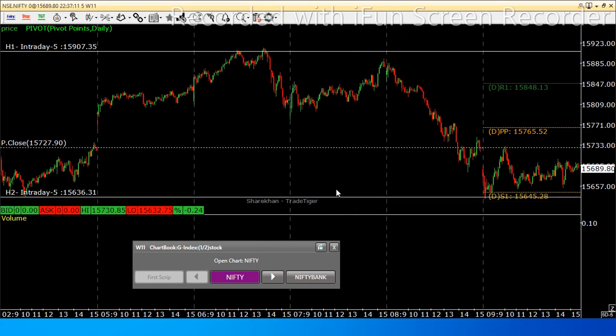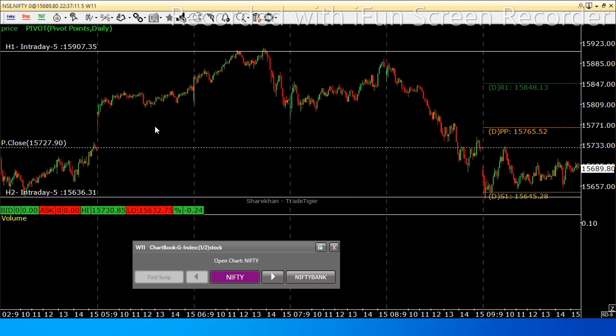These are basically very strong support for the Nifty, and that's why I have been saying that if 15,610 breaks and gives any closing below this, it is a dangerous zone for the Nifty towards the downside, that opens up even more than 250 points.